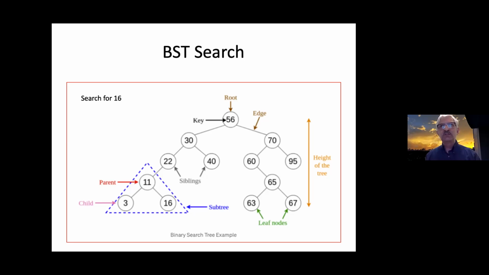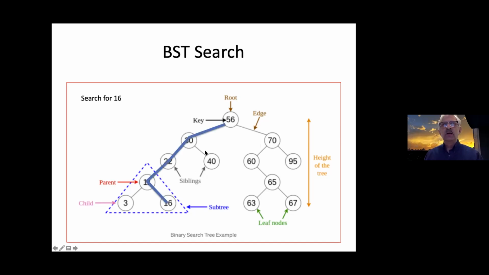So let's say you're searching for 16. Where are you going to go? You're going to start at the root, and then because 16 is smaller than 56, you go left. Because it is smaller than 30, you go left. Because it's smaller than 22, you go left. Because it's larger than 11, you go right. And then you find it, so that's where you're going to stop.